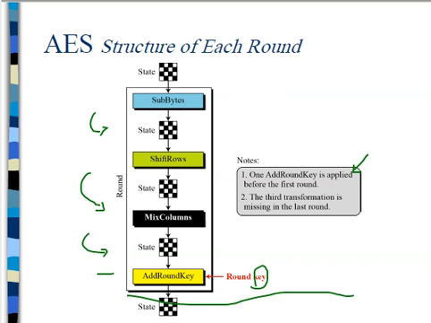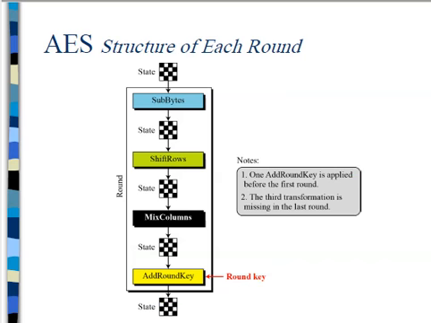The important point here is that each of those transformations separately doesn't provide security. Even this step, which depends on a secret key, cannot again provide enough security.